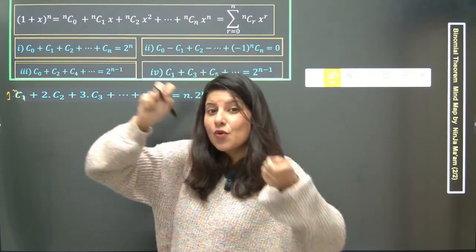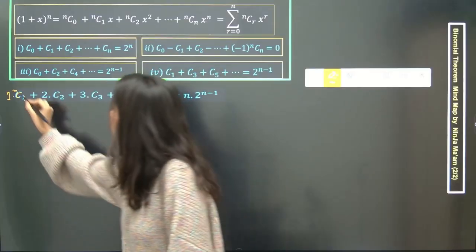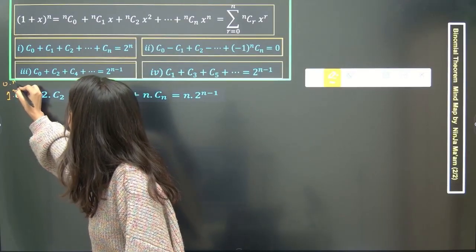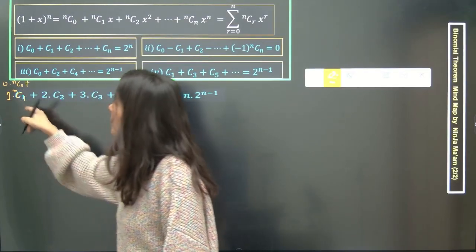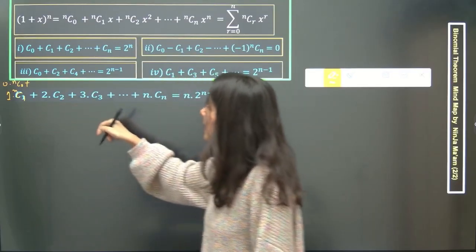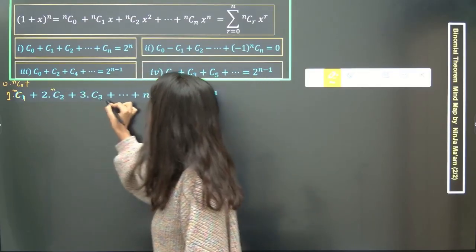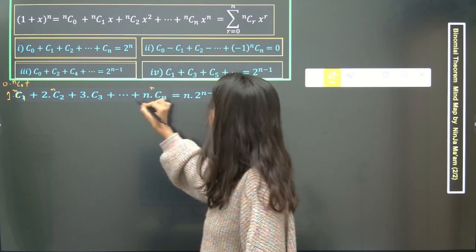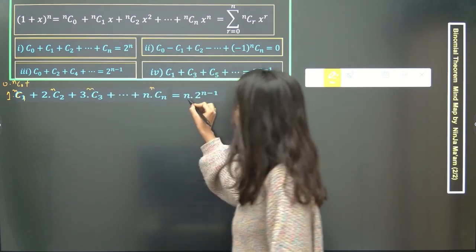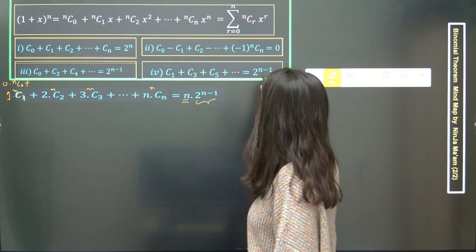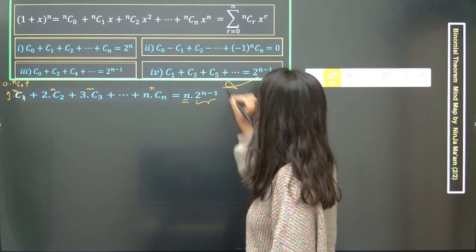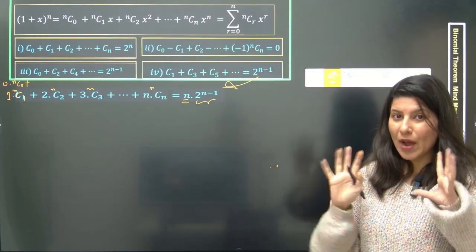And if you go back and write one more previous term, it is 0 multiply nC0 plus 1 multiply nC1 plus 2 multiply nC2, 3 multiply nC3 and all the way up to n multiply nCn is equal to n times 2 raised to power n minus 1. This is the formula you have to keep in mind.